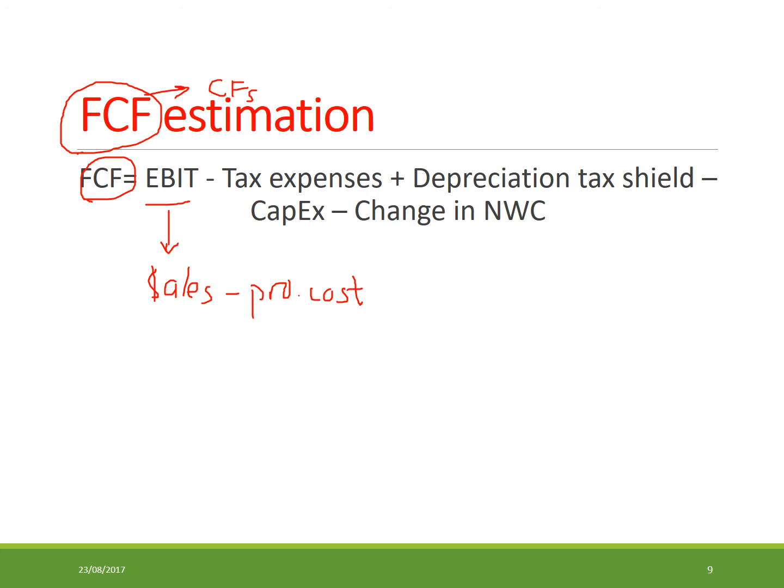This bit here is a bit tricky, so we're going to illustrate the impact of depreciation on the tax payment later on. Depreciation is a non-cash expense, so in the free cash flow analysis, it shouldn't come into the calculation. The reason why it is here is only because it affects how much taxes the firm has to pay.